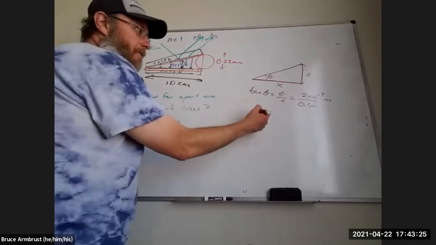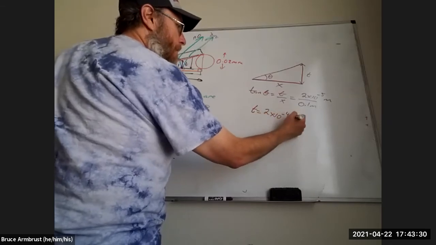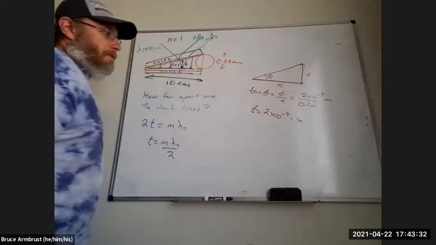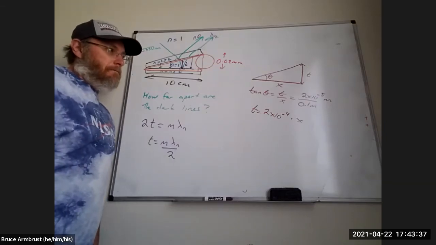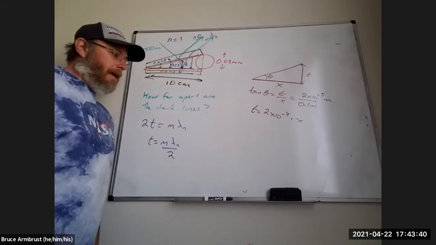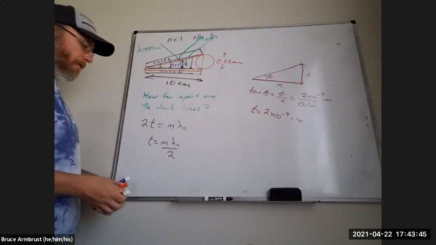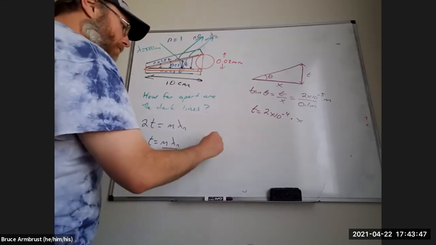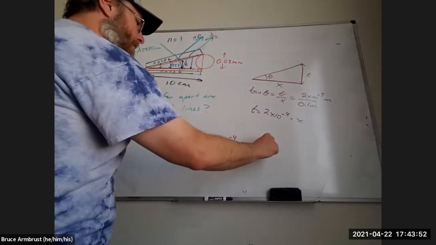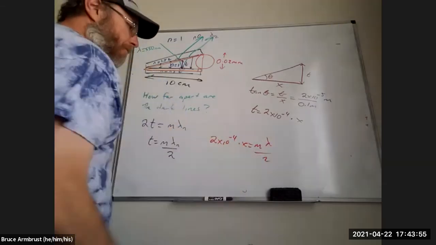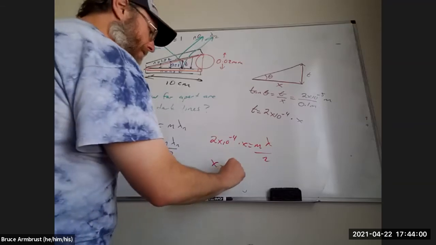But I can solve this for t as well. So it's 2 times 10 to the minus 4 times x. And I can replace that into this formula over here. So we end up with 2 times 10 to the minus 4 times x equals m lambda over 2, which then is pretty easy to solve for x.